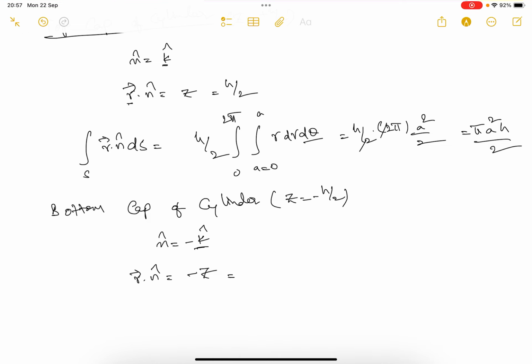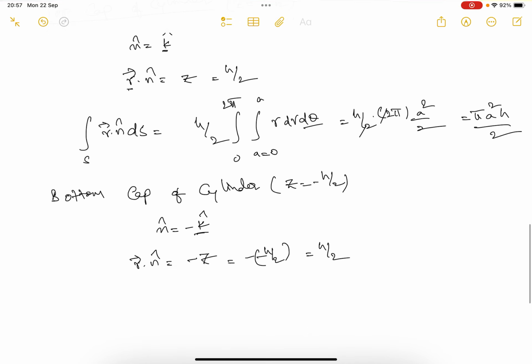Here z is minus h by 2, so minus z is h by 2, right? I mean, you can see r bar is x i cap plus y j cap plus z k cap, dotted with minus k cap. These two terms will not contribute.